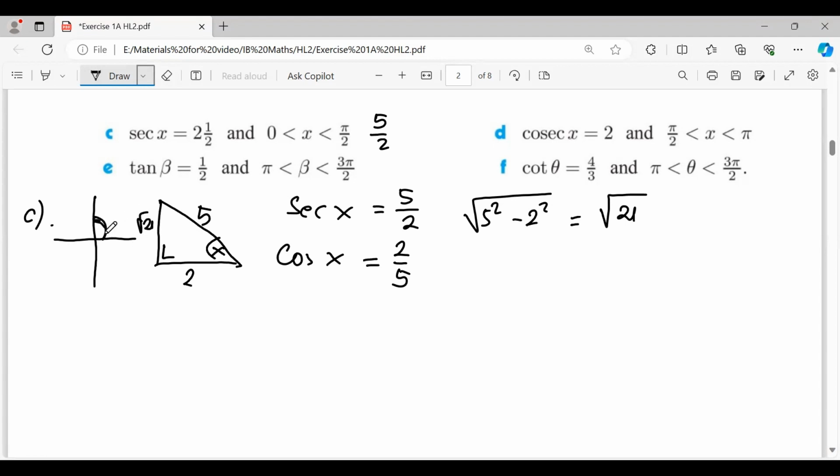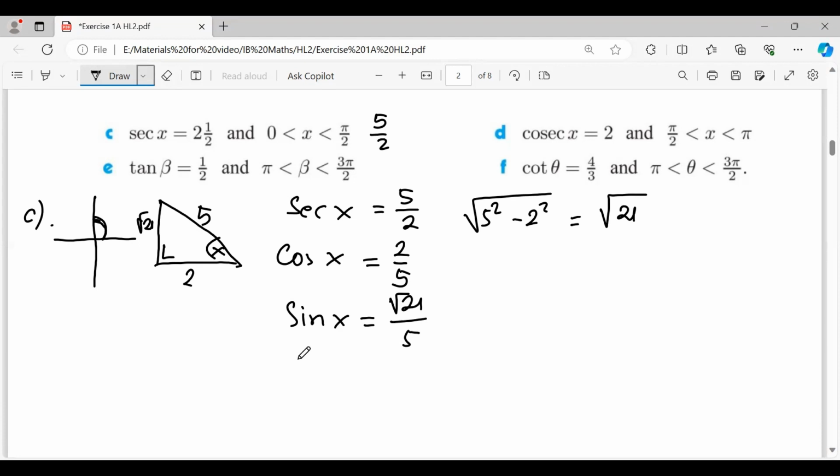On this quadrant, all signs are positive. Secant, cosecant, tangent, and so on are positive. So sine x is root 21 over 5. Okay.